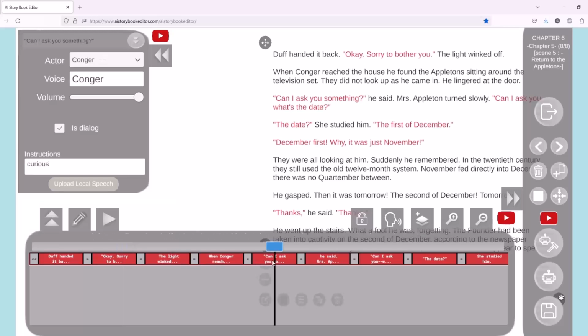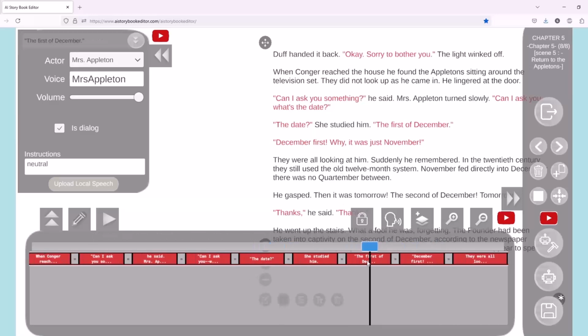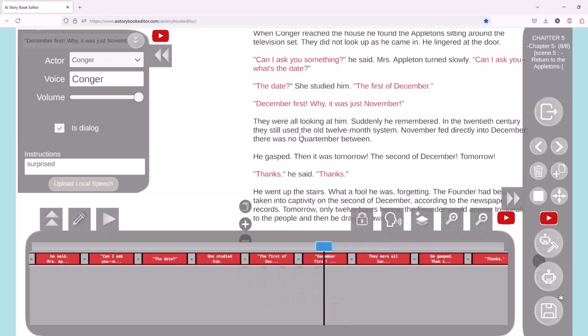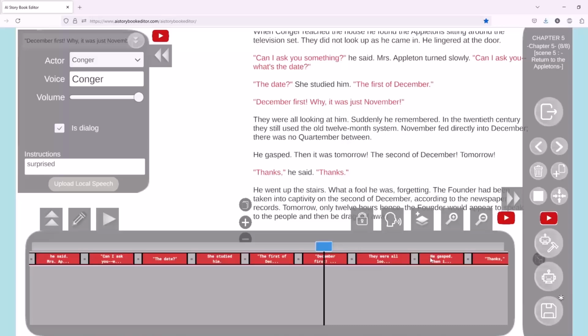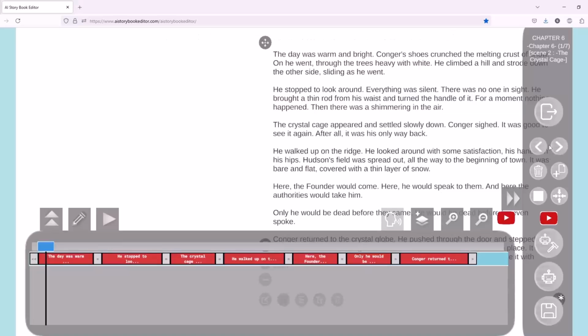Sheriff. Mrs. Appleton, he said, can I ask you something? He said. Conger, can I ask you the date? The date is Mrs. Appleton. Conger, and Conger.